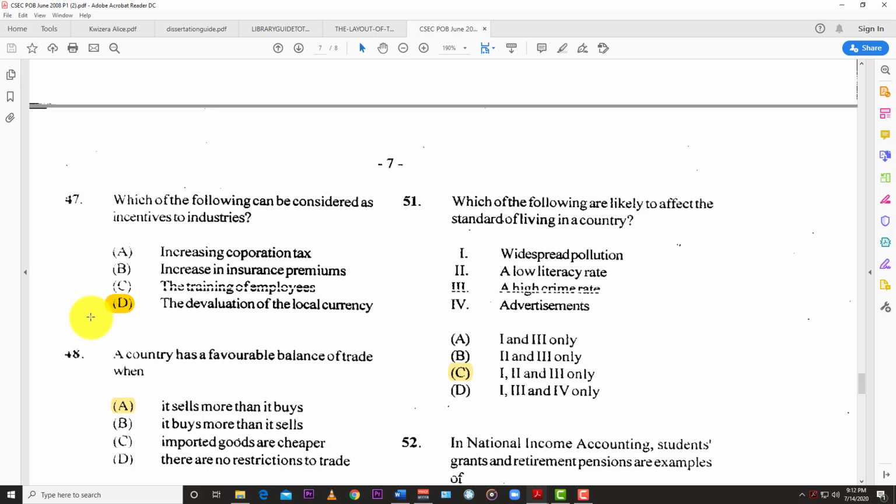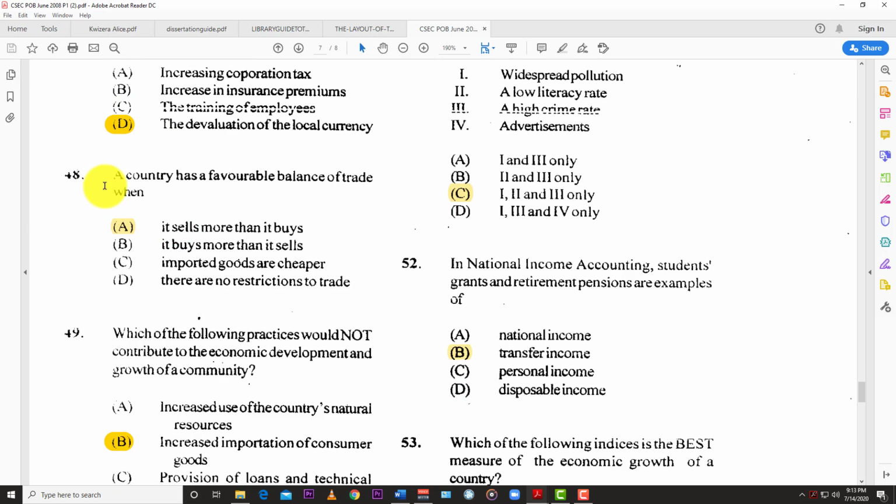And so the best answer here would be D, the devaluation of the local currency. What does this mean? This means that if you devalue the local currency, most people are going to refrain from going overseas and importing stuff. And so if you're not importing stuff, you're only left to use the goods produced from local industries. So that's an incentive for the local industries.